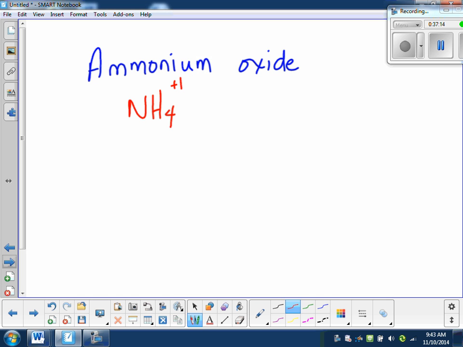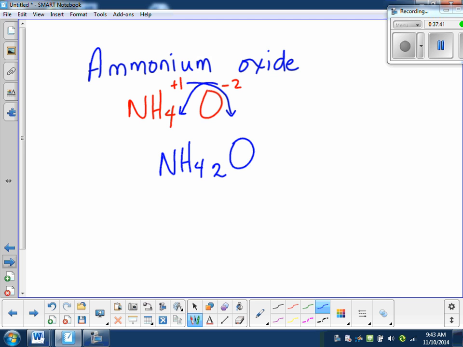And what's the formula for oxide? O, -2. So if we do our little crisscross trick, and we ignore ones and charge, we end up with NH4 2O. Now that's way too confusing. It looks like NH4D2O.